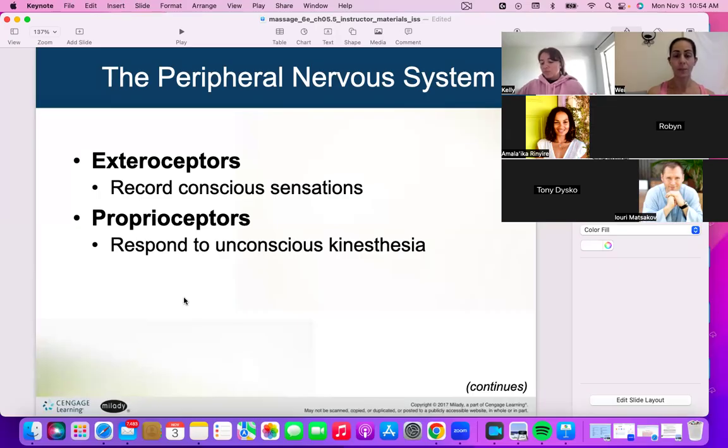Now, next, we have the exteroceptors and proprioceptors. The exteroceptors record conscious sensations, things you feel consciously, whereas the proprioceptors respond to unconscious kinesthesia. In other words, it's your perception of your surroundings, the movement of your limbs or of your body in that surrounding.